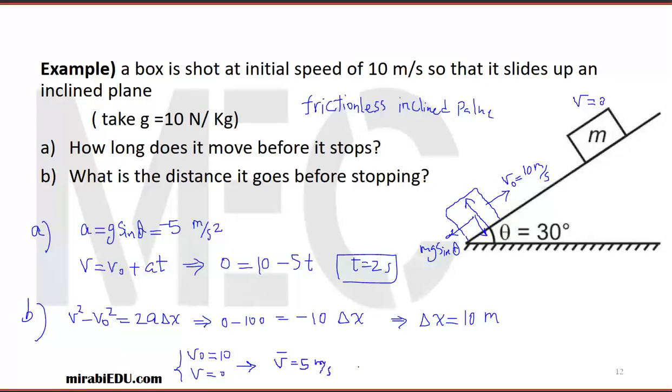Now we have a general formula in physics that says delta x over t is the average velocity. So delta x will be the average velocity 5 times the time, which is 10 meters. Again, the same result is found. Whatever formula you apply, you will get the same final answer.